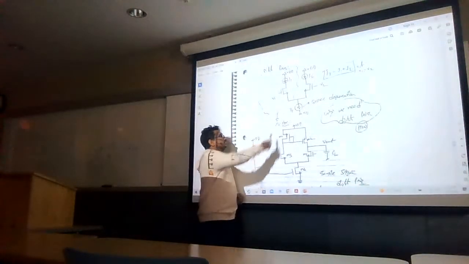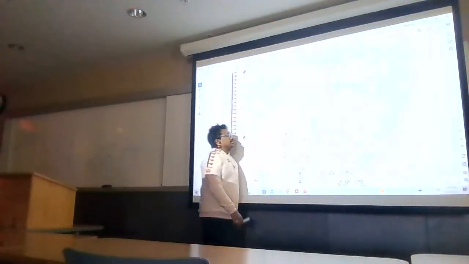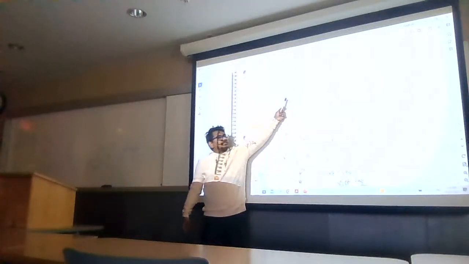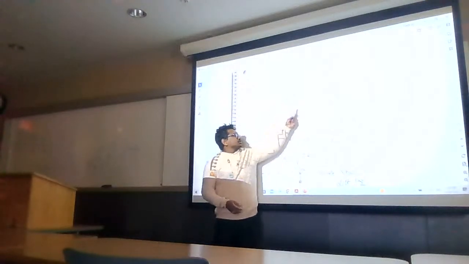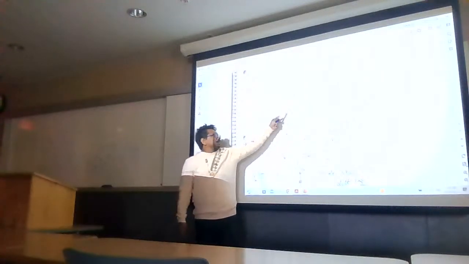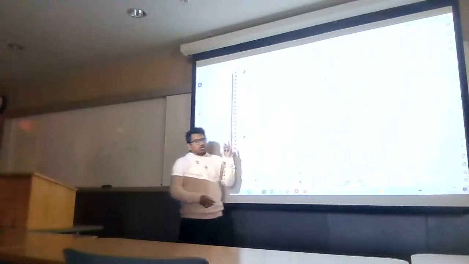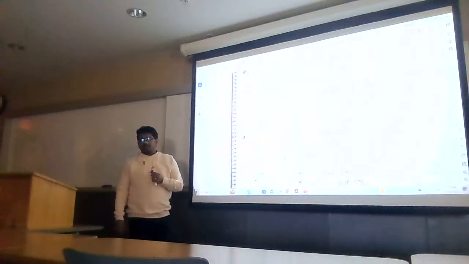We can see this is a common source amplifier, and this one is also a common source amplifier. Just consider the half circuit, it's a common source amplifier. And here, the source is not connected to ground. There is something there. It's a common source amplifier with source degeneration.